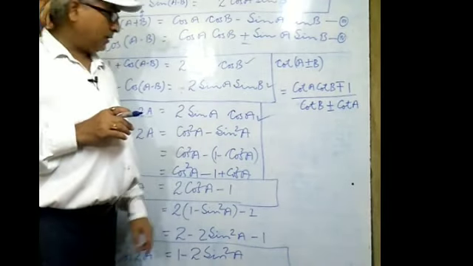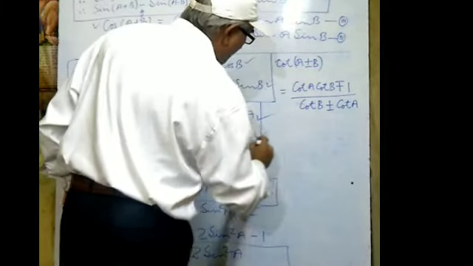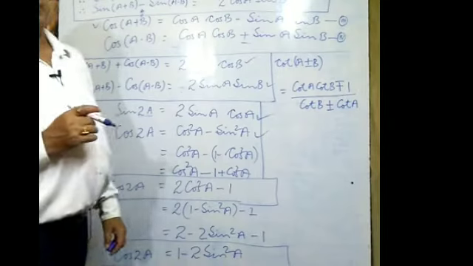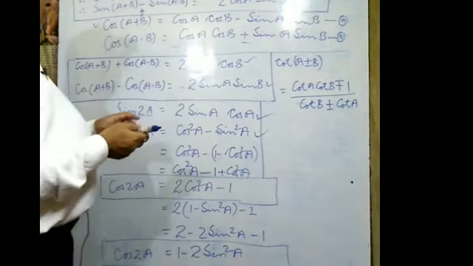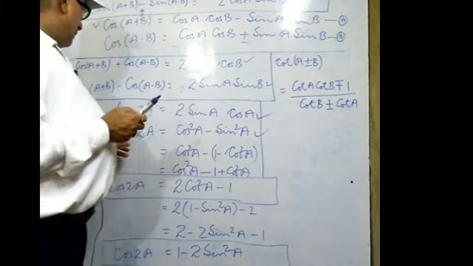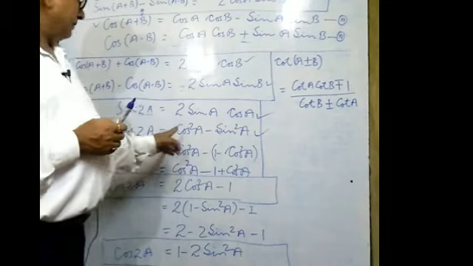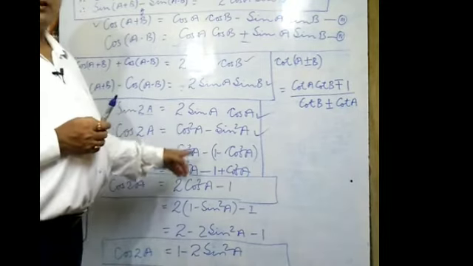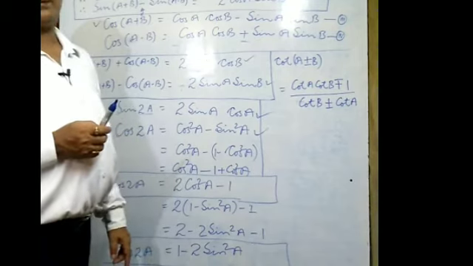Now this one is identity number 6, which is required while solving the questions. This can be modified. Cos 2A can be modified, and sometimes it is written in terms of sin and sometimes in terms of cos.